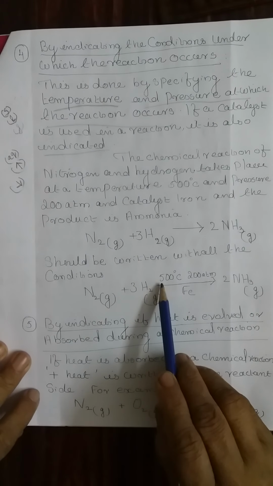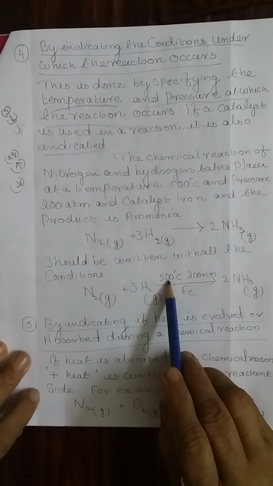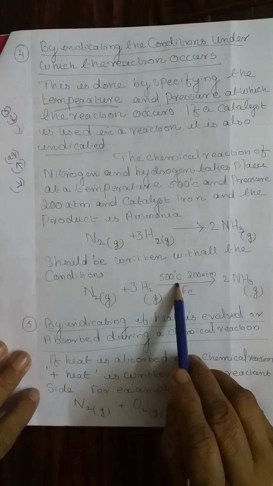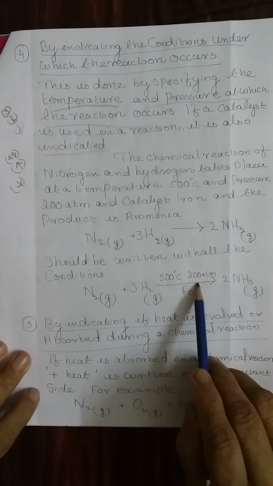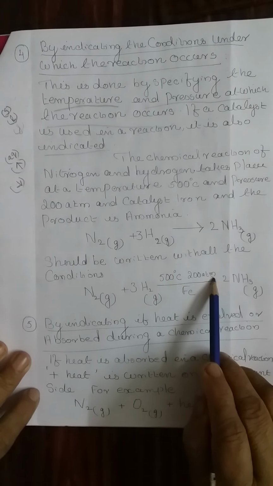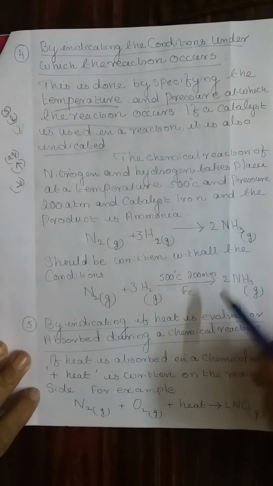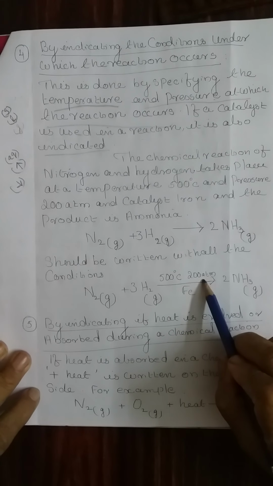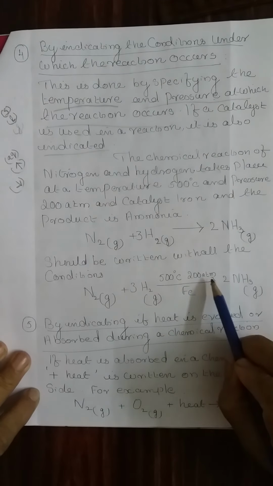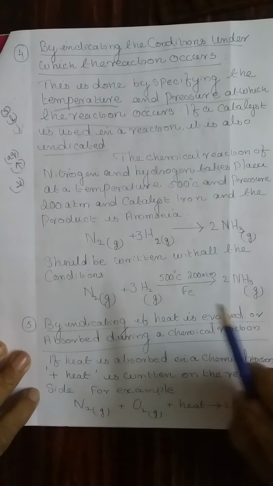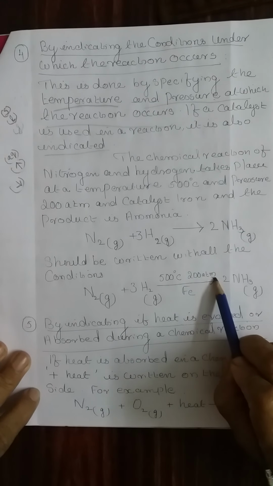For example, write 500 degrees centigrade. That is one condition. Second is 200 atmospheres, the unit used for pressure: atm, with a, t, m all small letters. Don't use capital letters. Atm means 200 pressure.